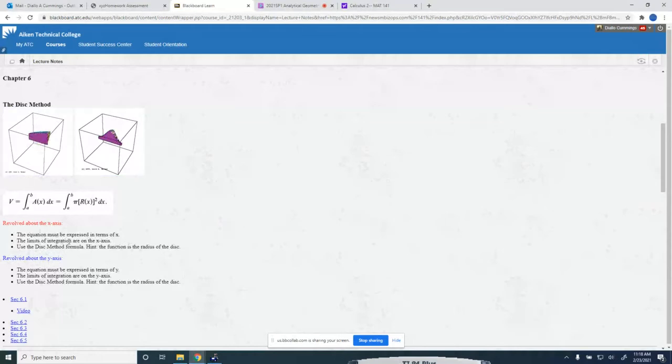The limits of integration are also on the x-axis. Once you have these two conditions satisfied, then you'll use the DISC method. If you're revolving about the y-axis and you're using the DISC method, the equation must be expressed in terms of y. The limits of integration are also on y. Then you'll be able to use the DISC method formula.